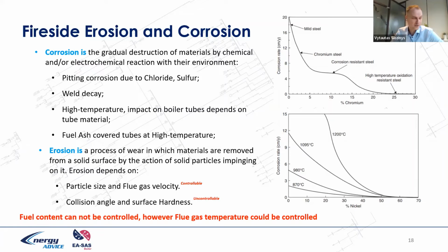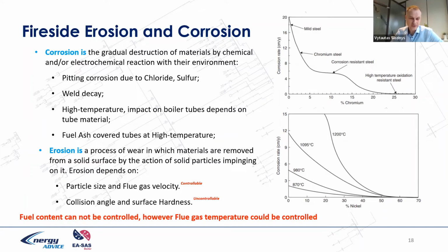These parameters are controllable, because particle size depends on the fuel burning conditions, how well the fuel was burned, and flue gas velocity depends on the mass of flue gas from the fuel and the mass of flue gas from the circulation.